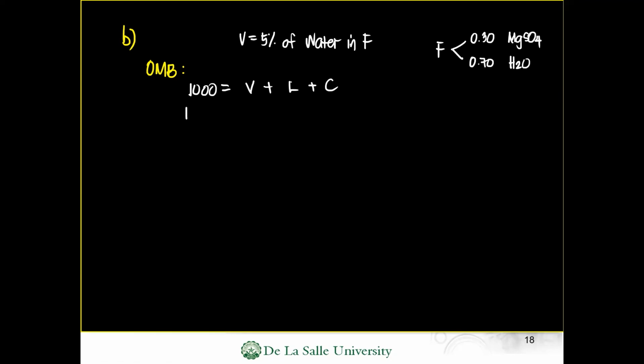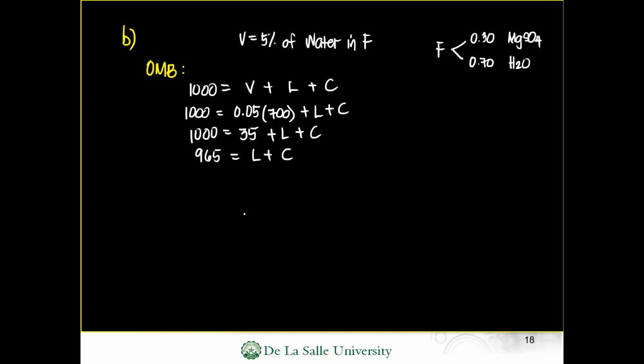So here, I can see that this is 5% of the water in the feed plus L plus C. So 1000, this is 35 plus L plus C. Therefore, 965 is equal to L plus C. This is your equation number 2.